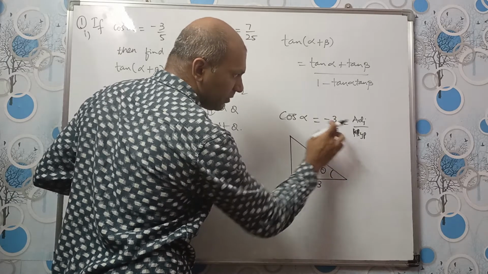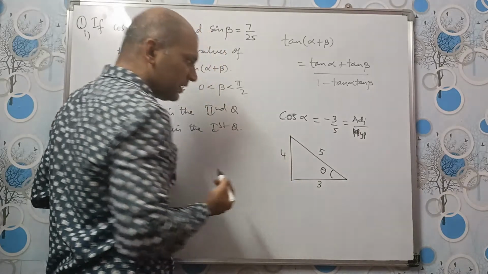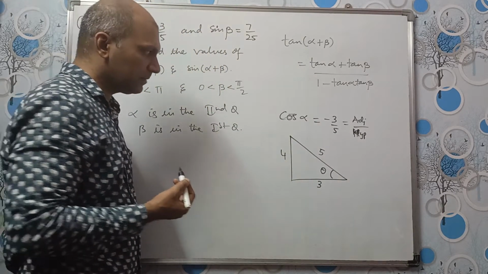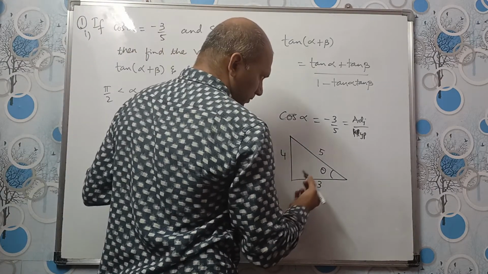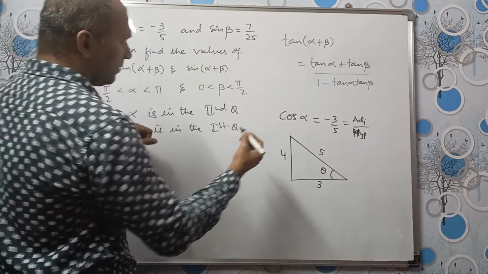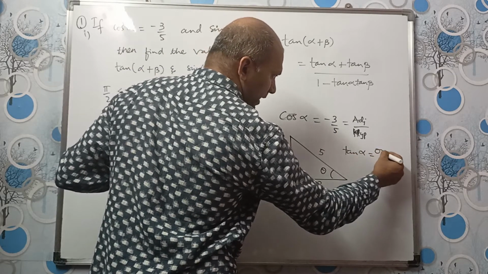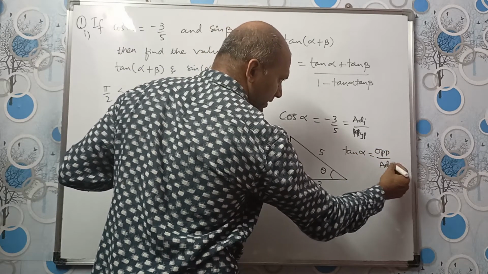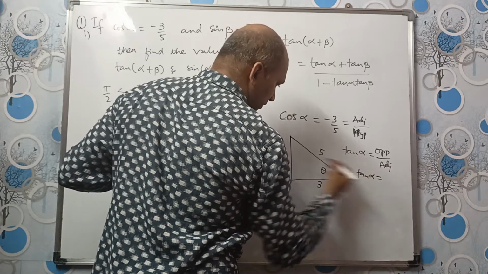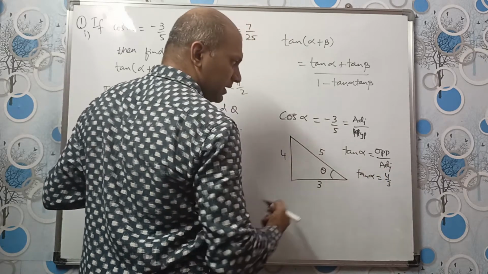We are considering only the magnitudes, so using Pythagoras theorem, this side will be 4. Now what will be the value of tan alpha? Tan is opposite divided by adjacent. So tan alpha will be 4 by 3. This is the opposite side, this is the adjacent side.